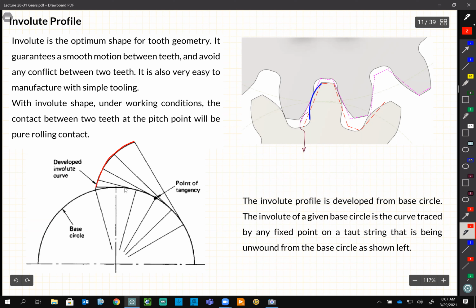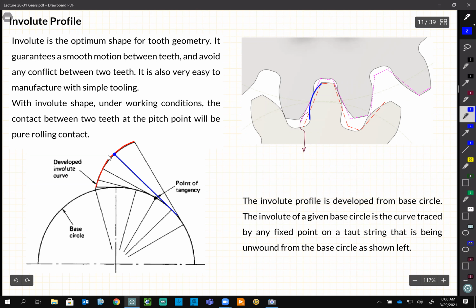If this graph is a trace of lines, like these lines, always being perpendicular to this graph and tangent to the base circle. So this line is tangent to the base circle at any point of this graph.